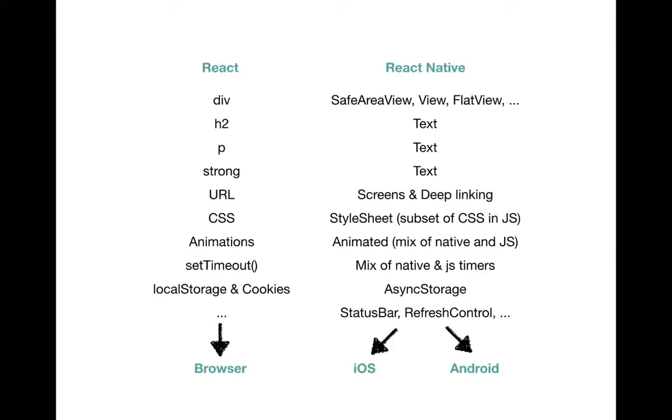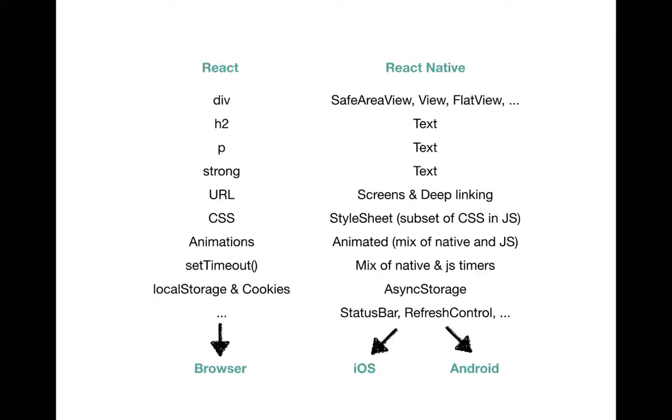I will wrap up this comparison very soon, but the last item is local storage and cookies. On the web, we can easily mark this user, set some token on the browser for this user using local storage and cookies. In case of React Native, in case of mobile applications, we don't have cookies, we don't have local storage.